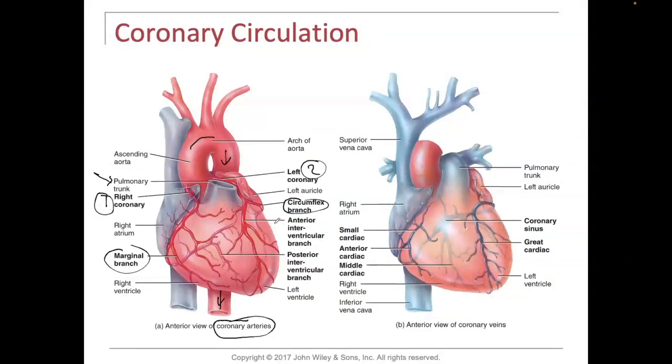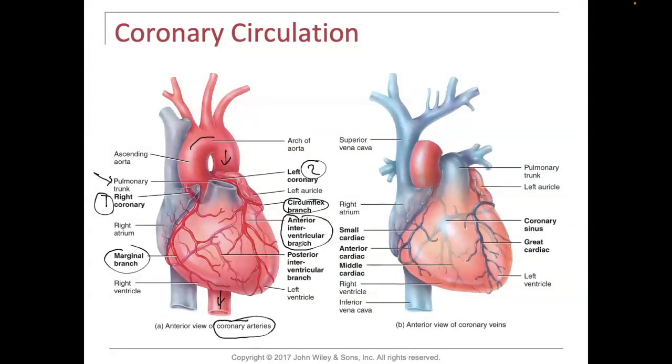Your anterior descending is also known as the anterior interventricular branch because it's going to follow where that interventricular septum is, but on the outside, there's a groove or a sulcus called the interventricular sulcus, and that's where this large blood vessel, the anterior descending, aka anterior interventricular branch, flows down.